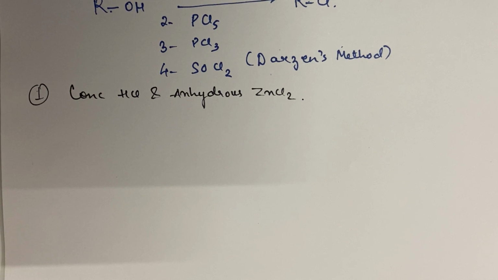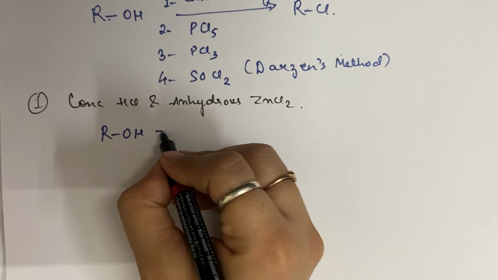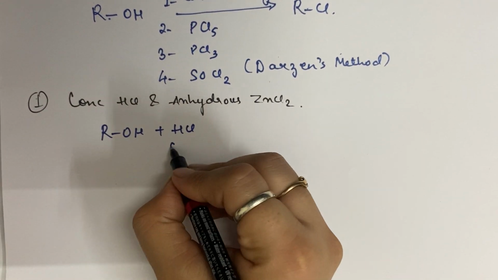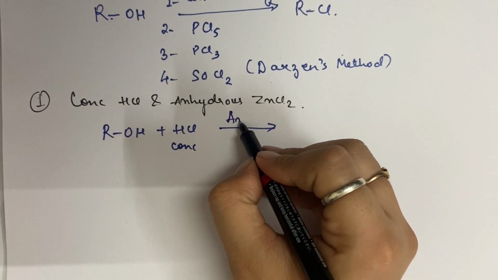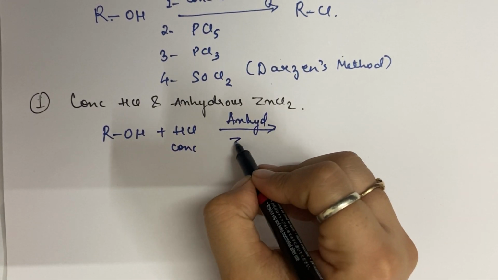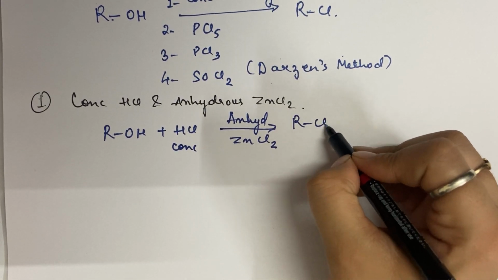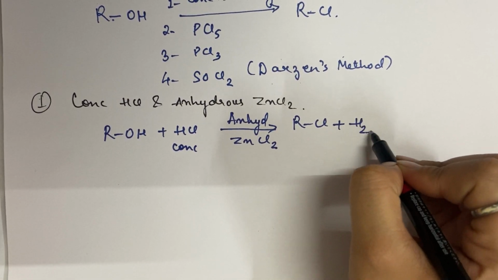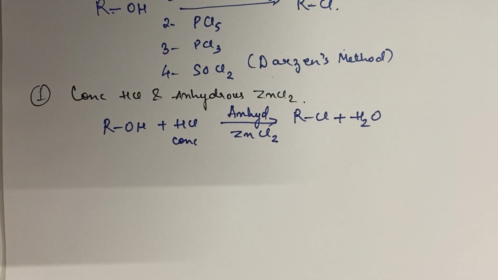You will take ROH, you will add HCl, that HCl should be concentrated, and anhydrous ZnCl2. It will make RCl plus H2O. So this is your general reaction.